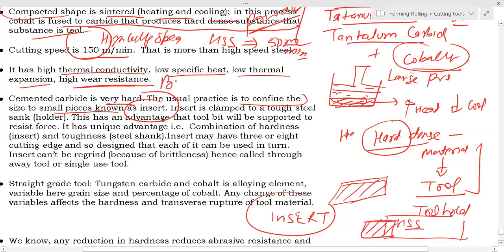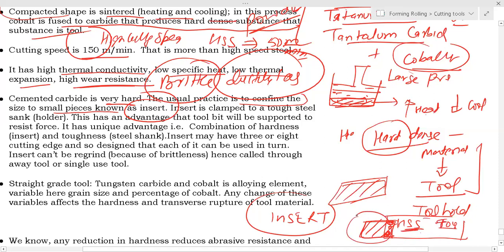This carbide is brittle, with less ductility, so it is not tough. We join it here by brazing or clamping it. The high speed steel is very tough. This material will cut, and the holder will take the fracture load, thrust load, and cutting load. So it is a very good combination.